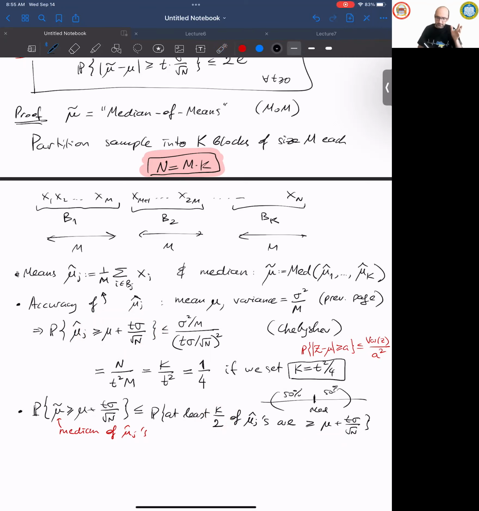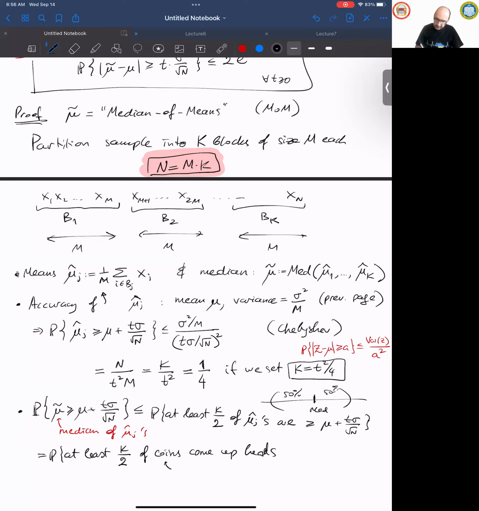So in this interpretation, that means that at least k over 2 of the coins come up heads.